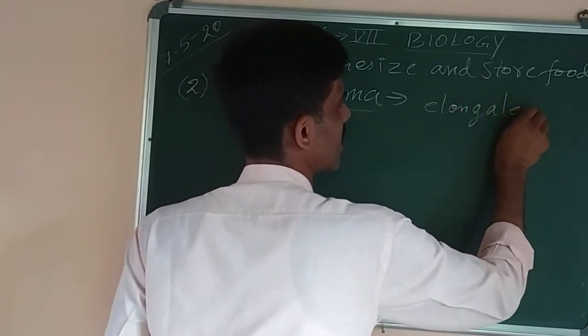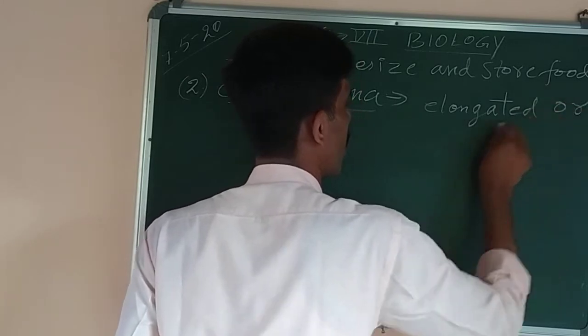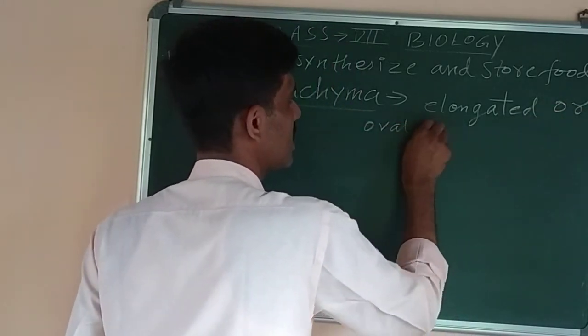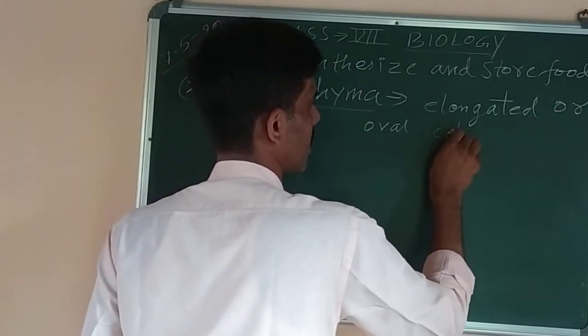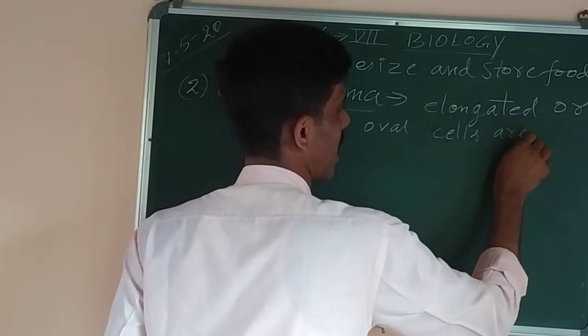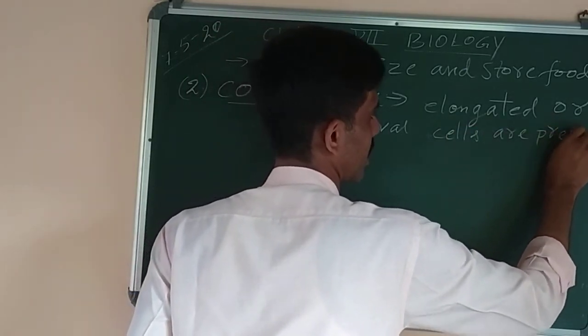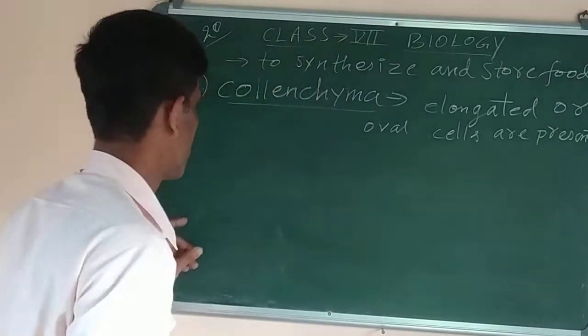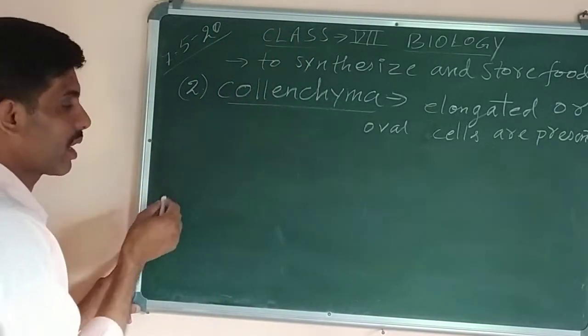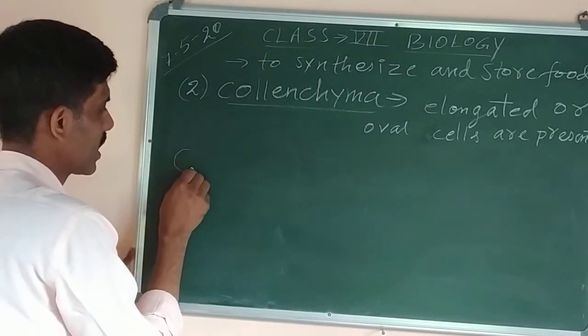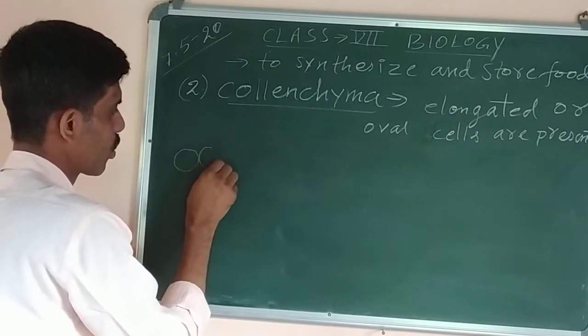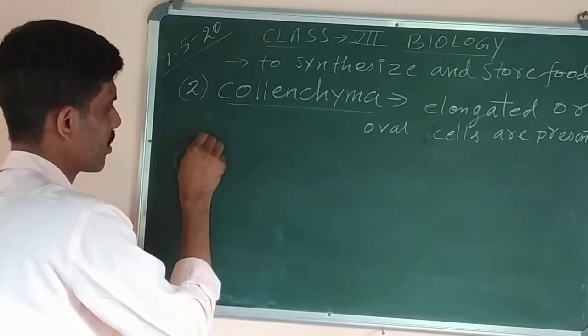Elongated means lengthwise elongated. I will draw the diagram also here. It is made up of cells which are elongated or oval, same like that parenchyma only I am drawing.